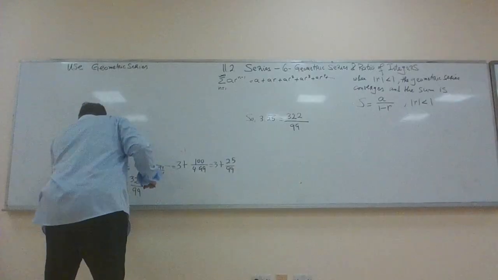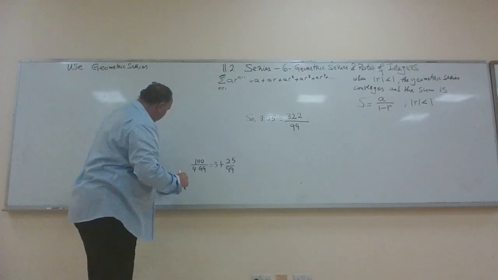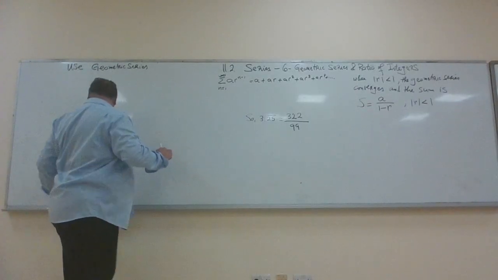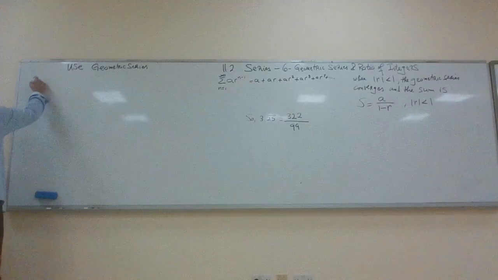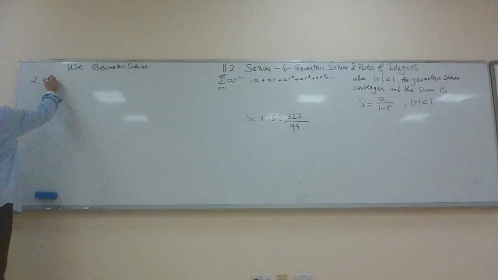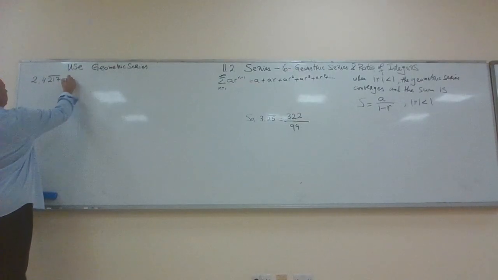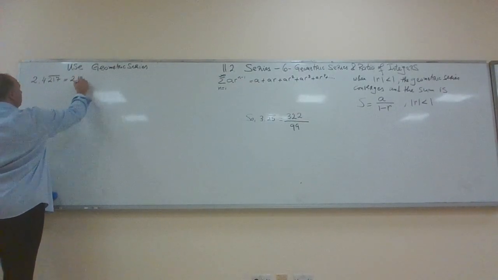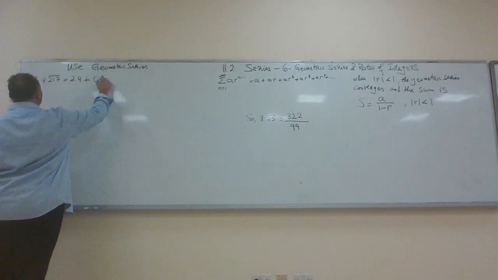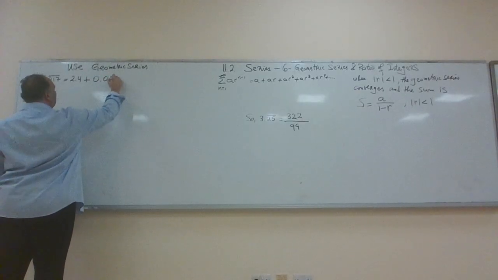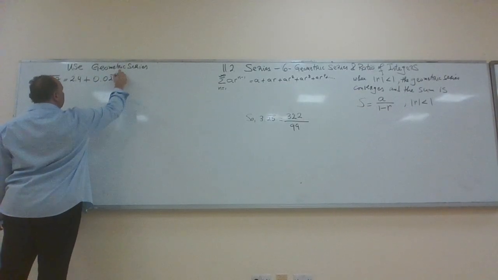So maybe I'll also move the place where the repetition happens. So let's say we have 2.4, and then let's say repetition happens 217. I just make up stuff. So this is 2.4 plus 0.0217 repeated.